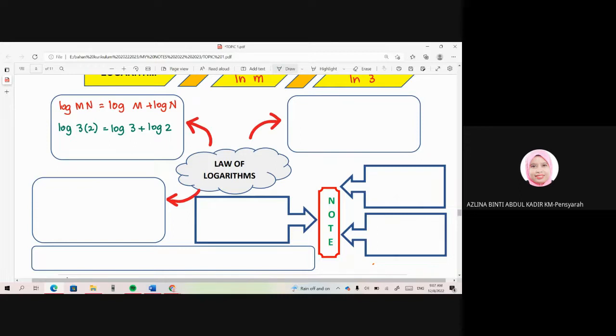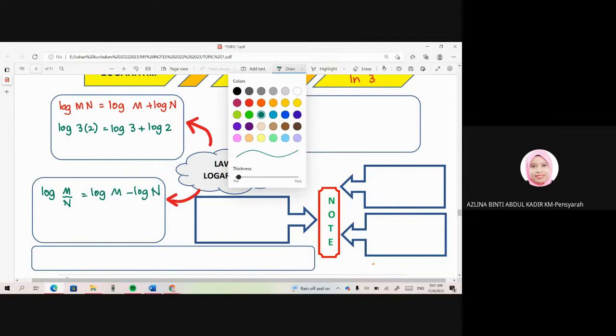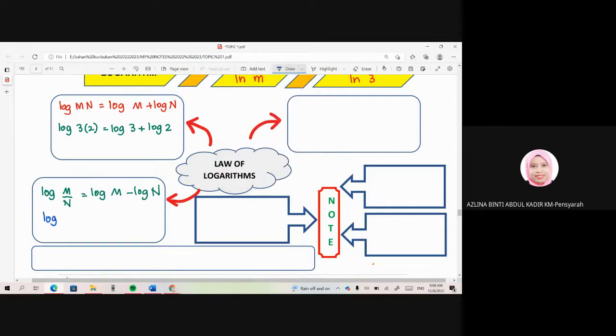Okay, next, division, m over n. So log of m over n is equal to log m minus log n. For example, log of 5 over 3 is equal to log 5 minus log 3. Division. Okay, next, power.